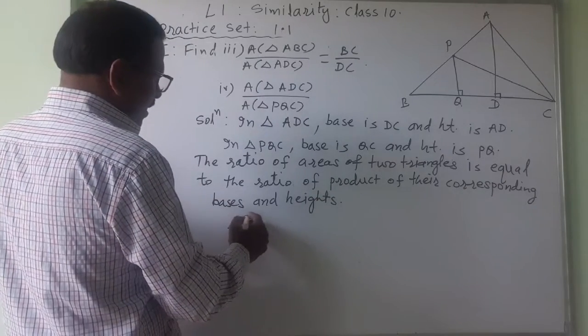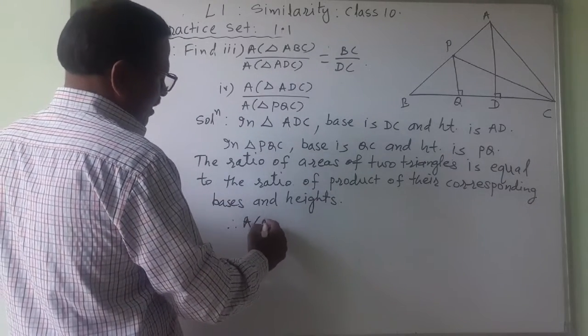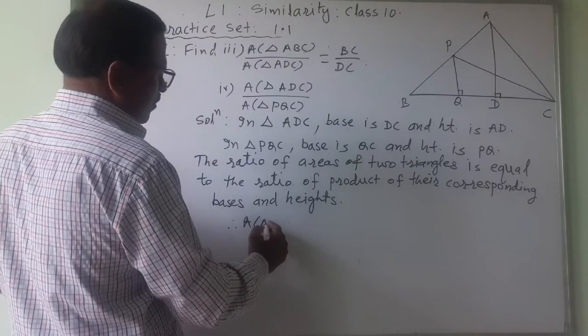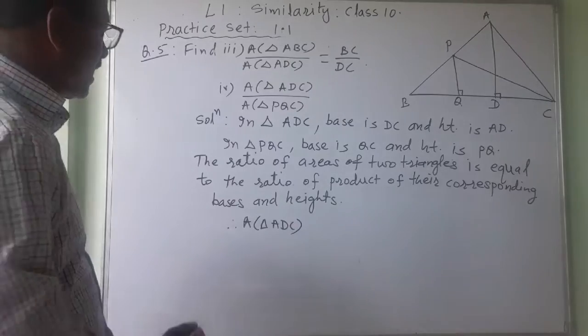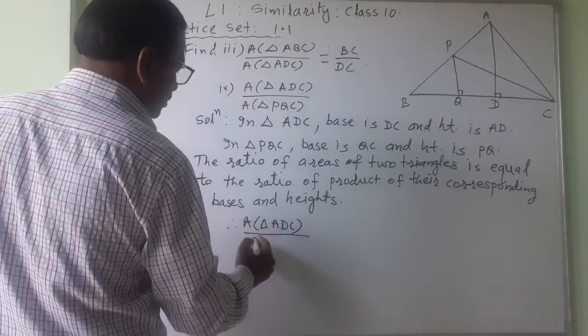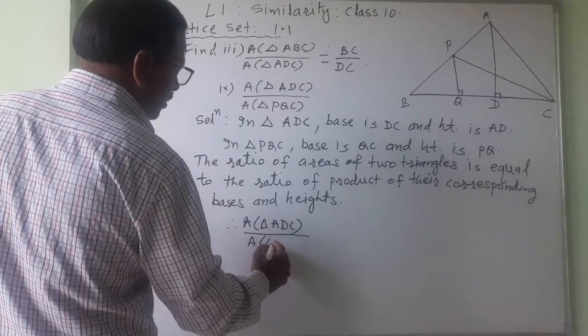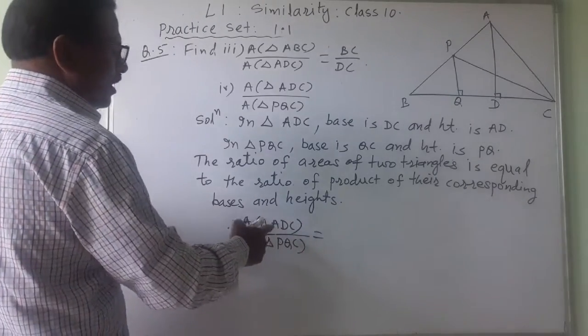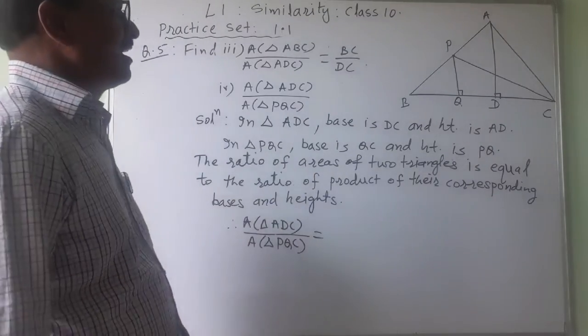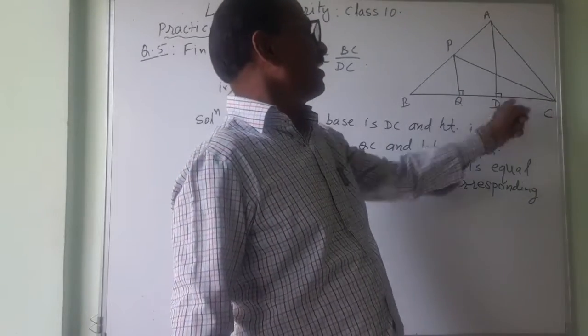Therefore, area of triangle ADC upon area of triangle PQC is equal to: for ADC, what is the base?